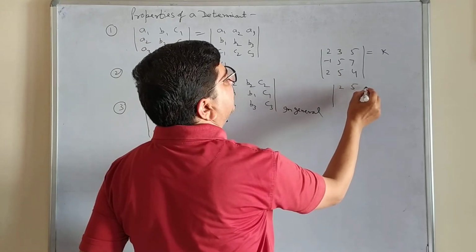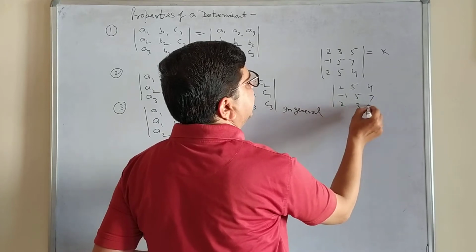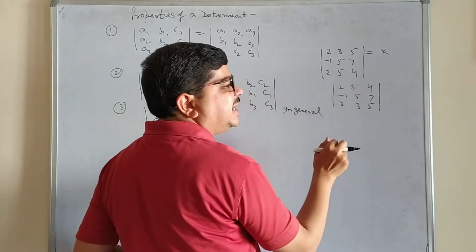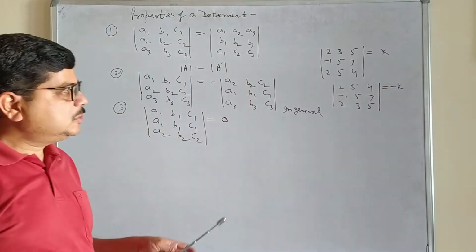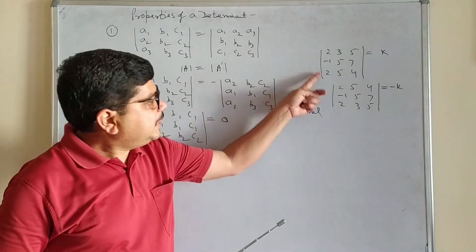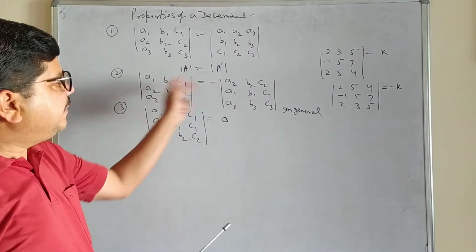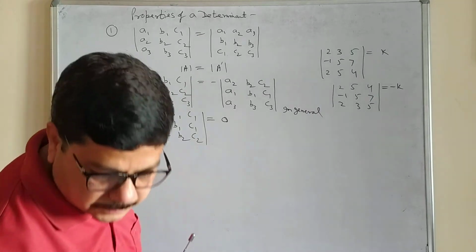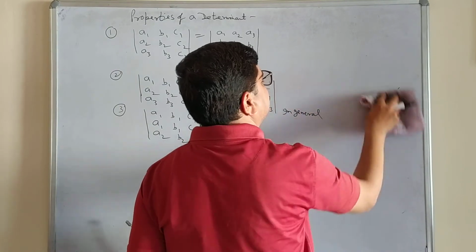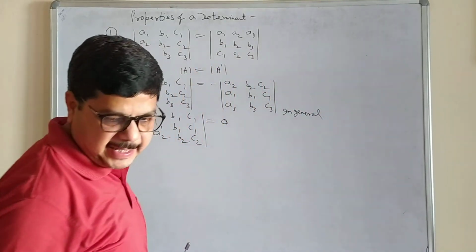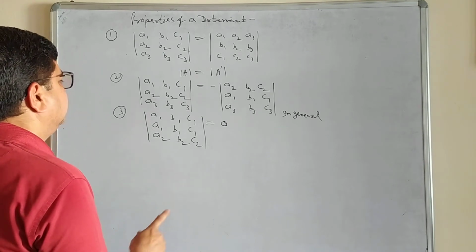So it takes the form 2, 5, 4, -1, 5, 7, 2, 3, 5, and you evaluate its value. So you will get definitely it is equal to -k. So there will be practice of evaluating the determinant, as well as you will be able to verify the properties. Similarly, for verification of third property, take any matrix in which you take any two rows or columns identical.